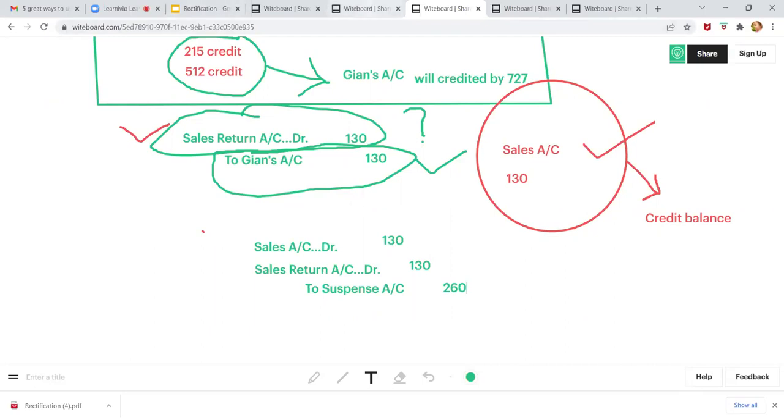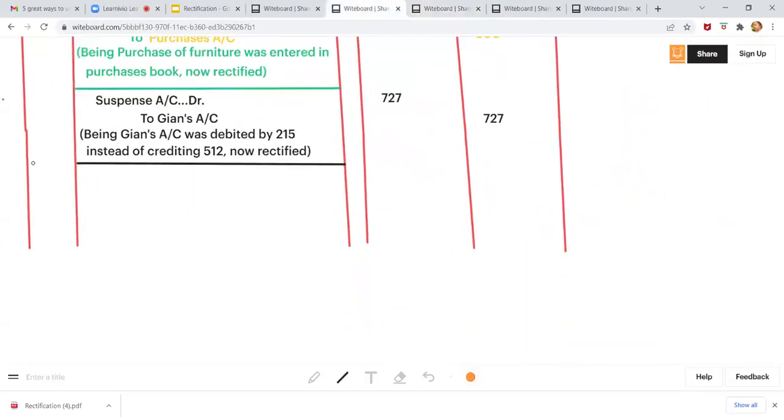Generally, let us write here: sales account debit, sales return account debit, suspense account credit.